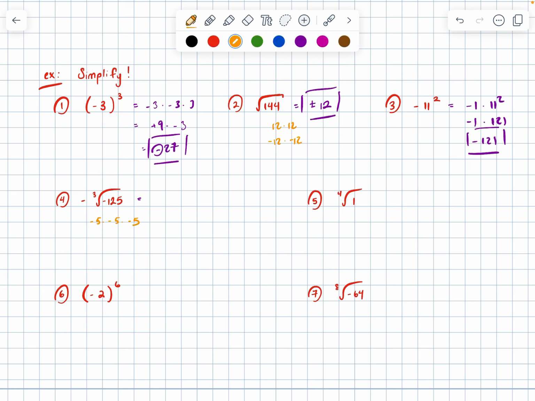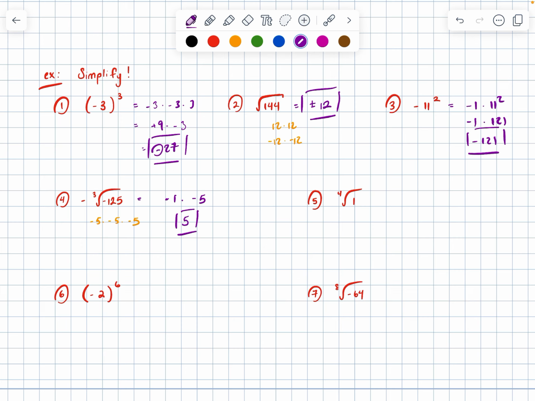Let me even write this using my order of operations. A negative sign in front of something means negative 1 times the thing. So negative cubed root of negative 125 means negative 1 times the cubed root of negative 125, which we've just shown is negative 5. And now I have negative 1 times negative 5. Well, that gives me positive 5.